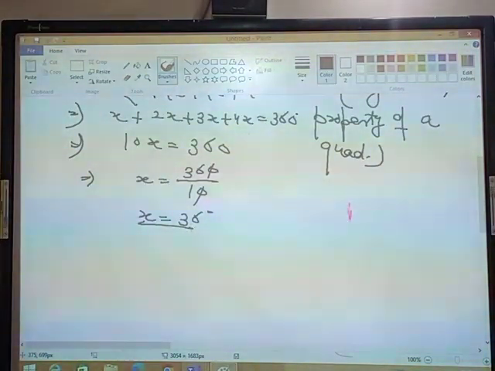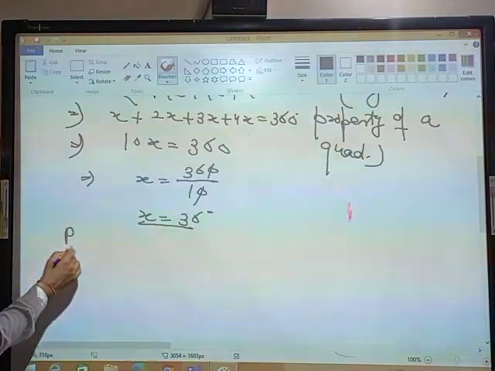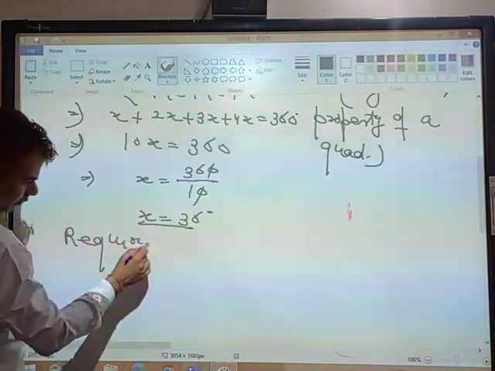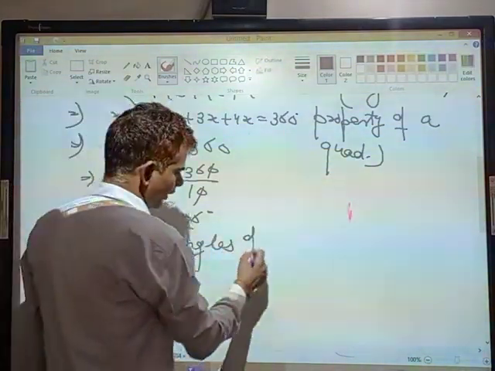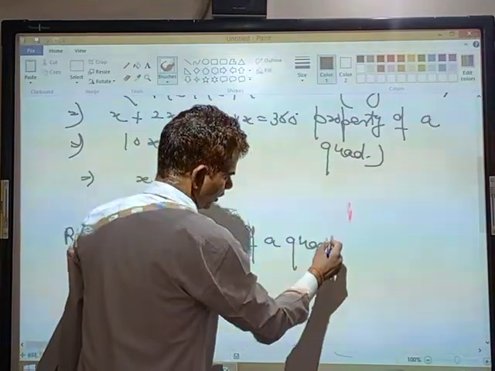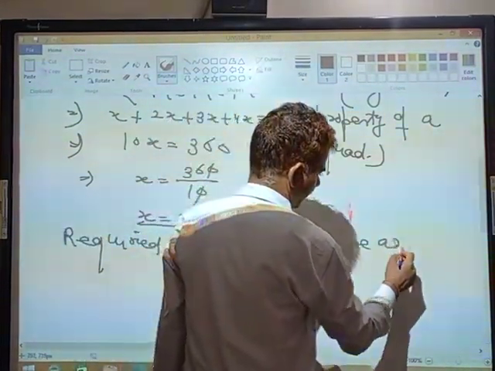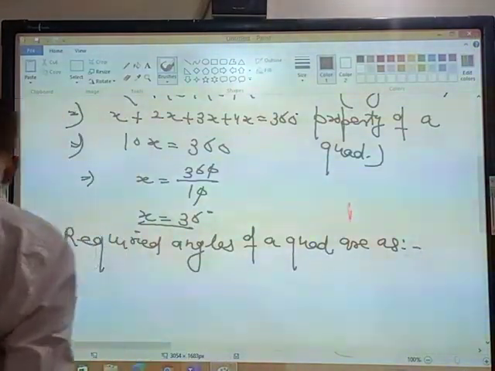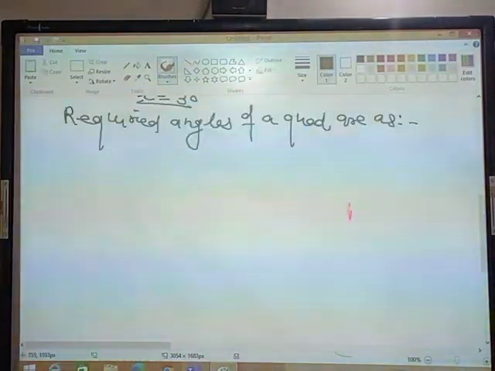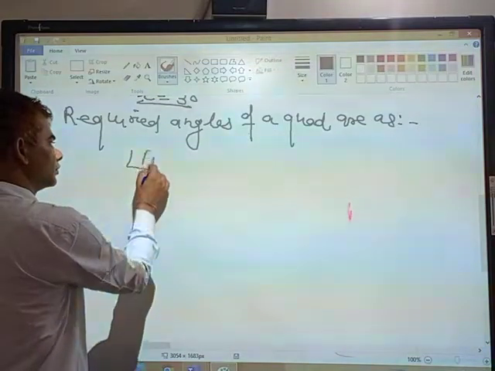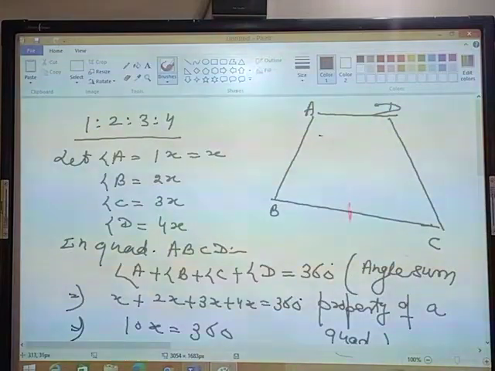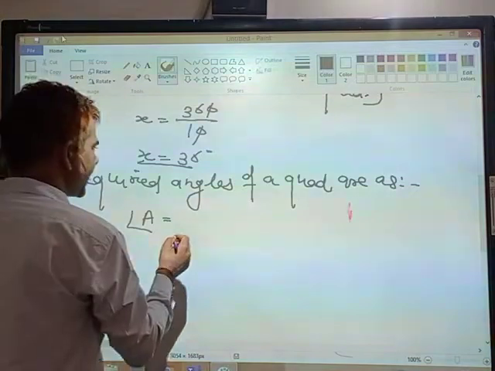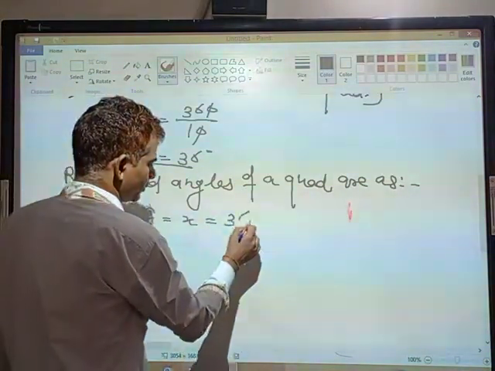Now the required angles of the quadrilateral are: angle A is your x, x is 36 degrees.